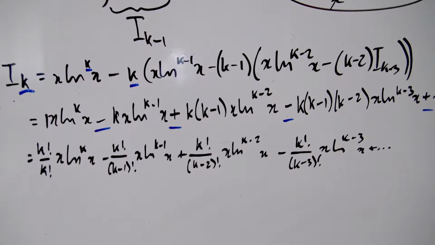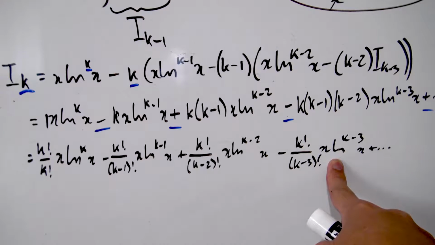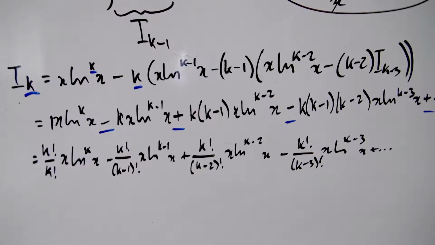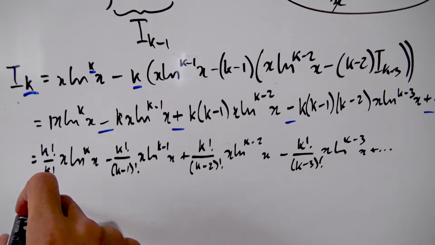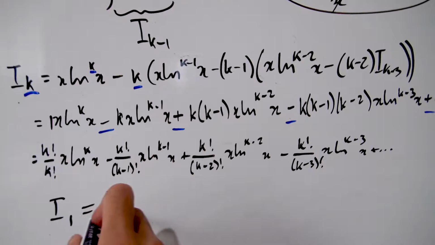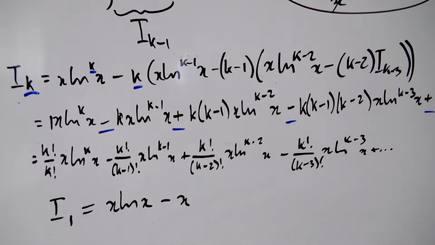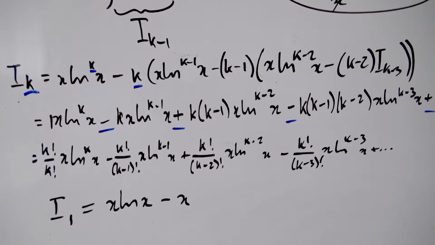So now let's consider what would happen to this series of terms as it goes towards 1. Remember what I wrote about the I sub 1 case. If you have I sub 1, that's nothing but x natural log x minus x. This will be like the last term inside of our final answer.